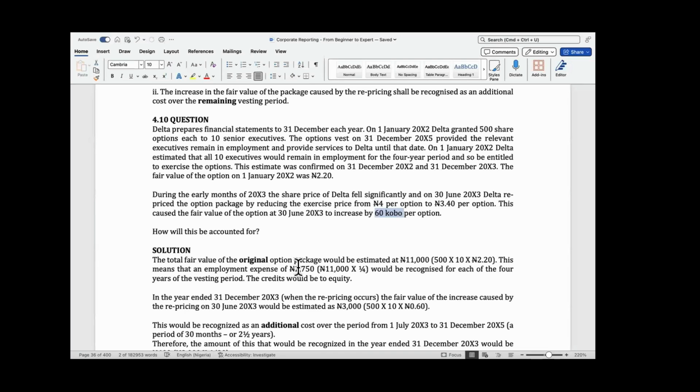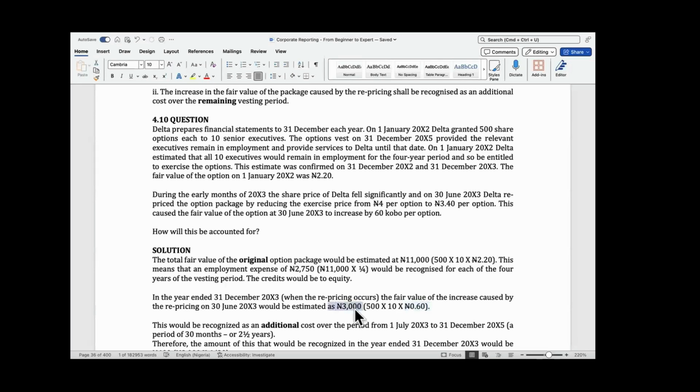So in addition to recognizing 2,750 each year, from the year of repricing, at the end of that year, which is 31st December 2003, when the repricing occurred, you see that increase in fair value also, you are going to recognize that too, which is 500 options multiplied by 10 employees, since none of them is going to leave, multiplied by 0.6. So in addition to this 11,000 that would vest at maturity, there's now an additional 3,000 as a result of the increase by 0.6.